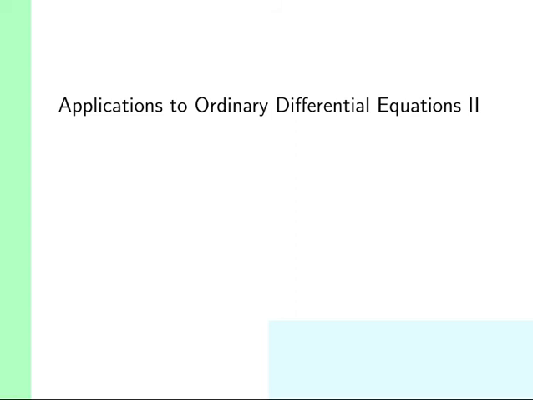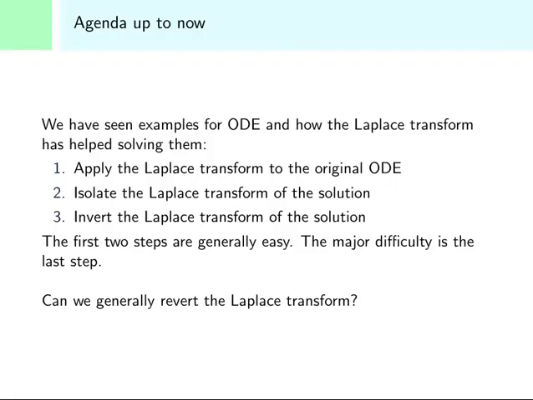We've previously discussed how to apply the Laplace transformation in the solution of ordinary differential equations, and now we round up that discussion by taking a look at the so-called inverse Laplace transform. So let's recap what we've done. We have seen examples for some ordinary differential equations, and we've seen how the Laplace transform has helped us solving those differential equations.